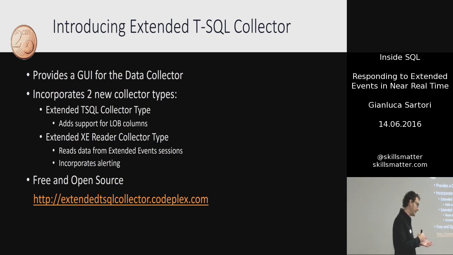That intermediate format is the SSIS raw file, which doesn't support LOB data, which is pretty unfortunate since most interesting data in SQL Server for DBAs is stored in XML, which is LOB. To overcome this limitation, you can use the extended T-SQL collector type. It uses a different intermediate format, which doesn't rely on raw files, so you can capture XML and varchar(max) and that kind of thing.